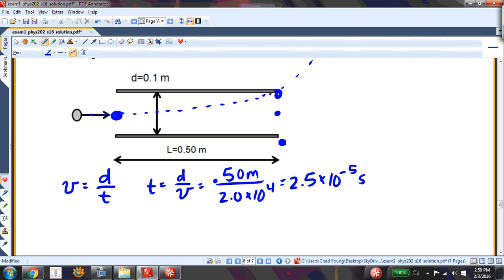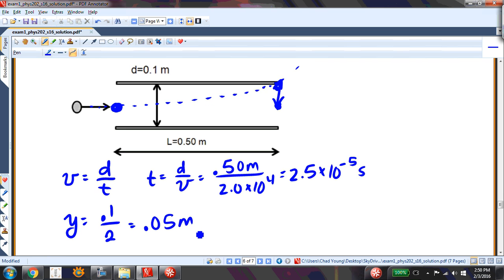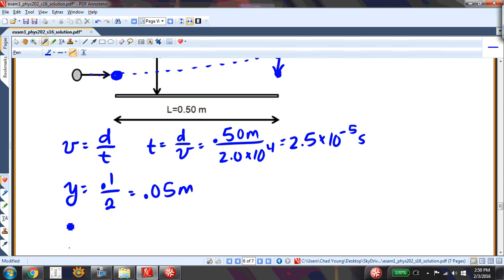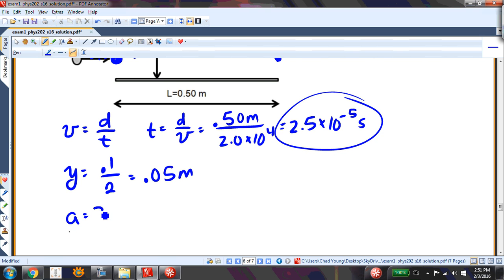Then I want to know, in that time, what must be the acceleration so that it moves exactly this distance. So my y displacement is going to be half of 0.1, which is going to be 0.05 meters. It has to do this in this time of 2.5 times 10 to the minus 5 seconds. And so what is my acceleration?